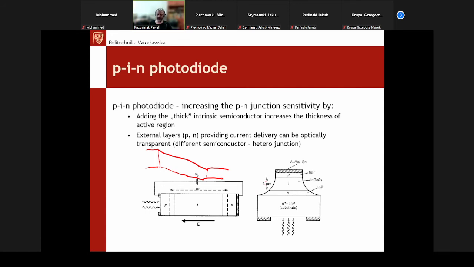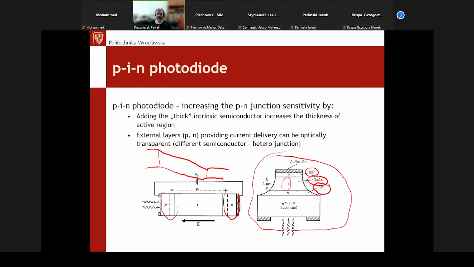heterostructure, and you can see here the typical construction of a PIN photodiode. This intrinsic layer, which operates as the absorbing layer, has a different semiconductor than these external layers. These P and N layers have, for example, here indium phosphide. Indium phosphide has higher band gap energy than indium gallium arsenide.